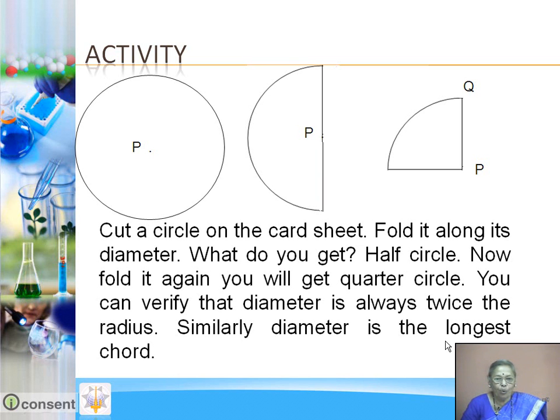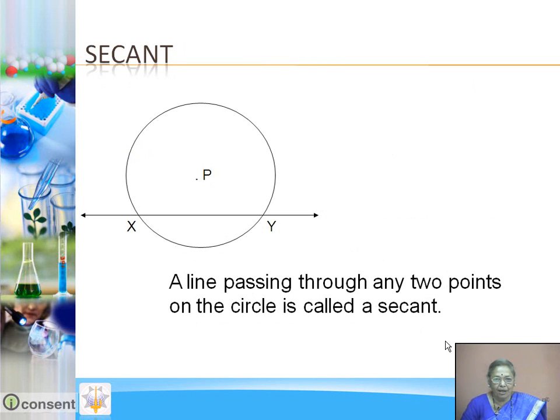Now let us see one more property of the circle. The segment increased to form a line. This line, which passes through any 2 points of the circle, is called a secant of the circle.